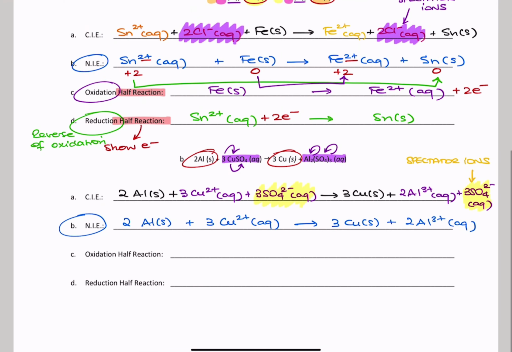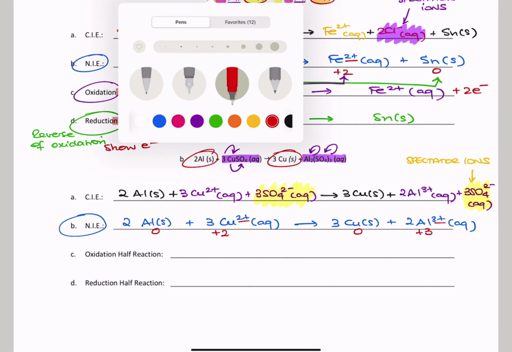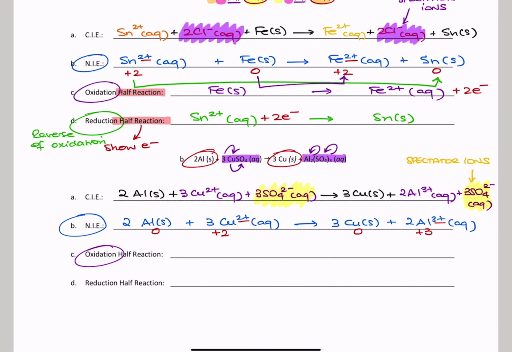Oxidation number again, elemental aluminum gets a 0, elemental copper gets a 0, copper 2+ gets +2, aluminum 3+ gets +3, as the oxidation number equals their charge for a monoatomic ion. And therefore, we're looking for the oxidation.